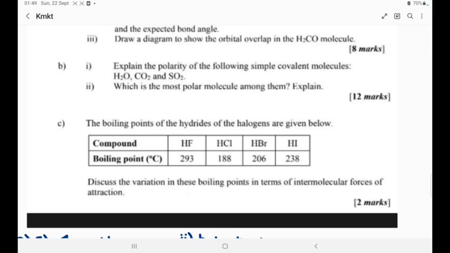So for question C, the question is, the boiling points of the hydrides of the halogens are given below. A table is given for the molecules HF, HCl, HBr, and HI.